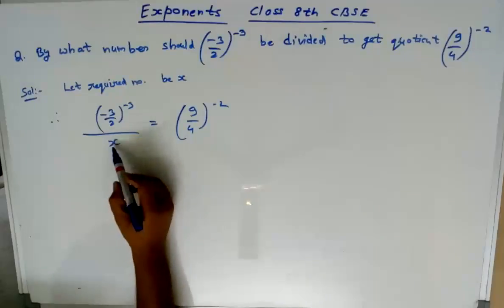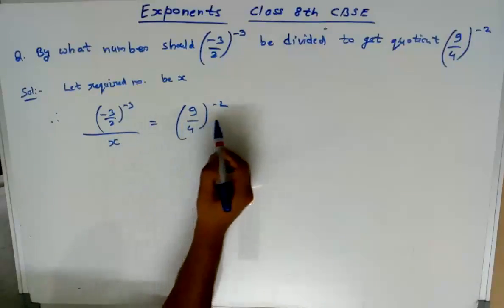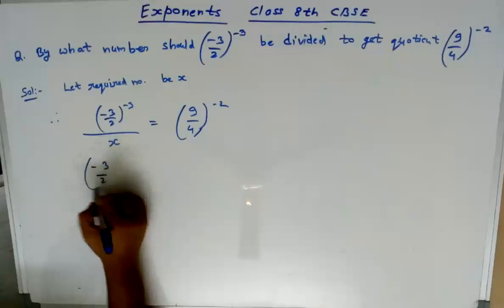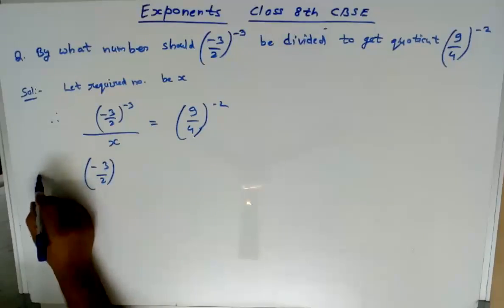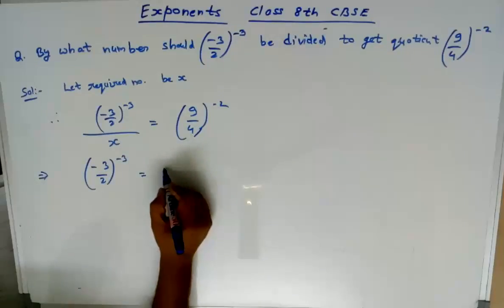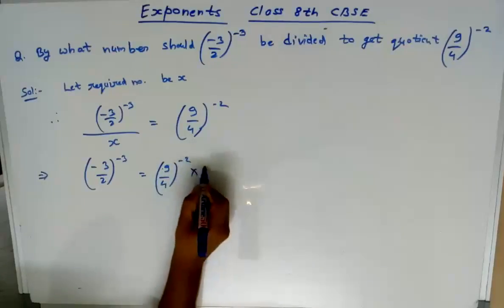By cross multiplication, we will transfer this x from this side to this side. So it will become minus 3 by 2 raised to the power minus 3 is equal to 9 by 4 raised to the power minus 2 into x.